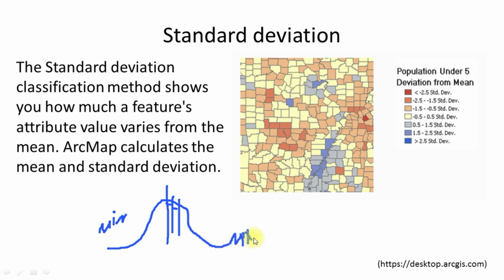And ArcGIS calculates the population sizes from each polygon. For instance, these yellow colored polygons have the closest to the mean number of population, while these red colors have a much smaller number of population compared to the mean, and the blue color polygons have a population which is much higher than the mean population.